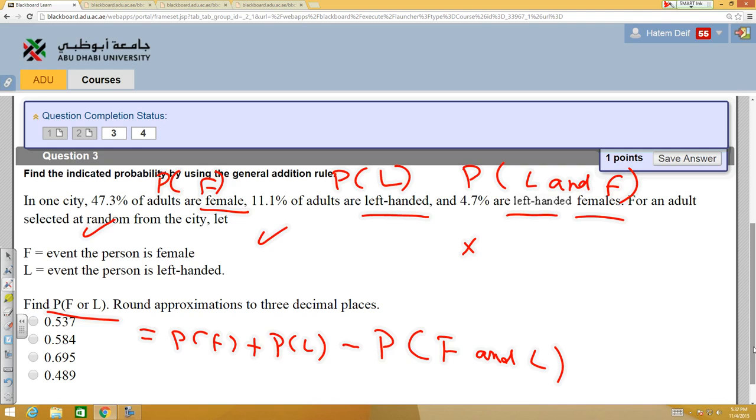Subtract that. 53.7. Okay, I trust you on this. Okay, 53.7. So 47.3 plus 11.1 minus 4.7. Of course, if you compare these two probabilities, you will divide each one by 100, right? And that will be the final answer. Hopefully that's right. Okay, let's move on to the next one.